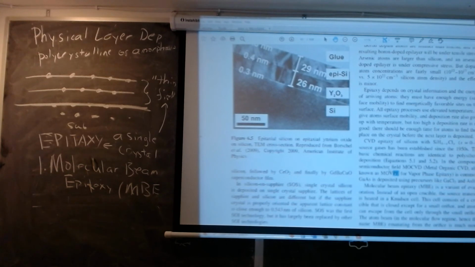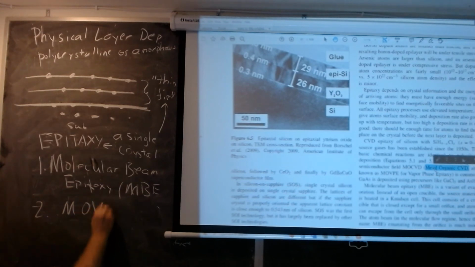Or there's MOVPE, which stands for metal organic CVD. Now, what's the point of the metal organic here?